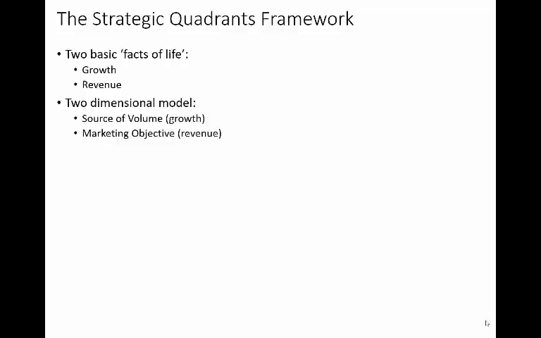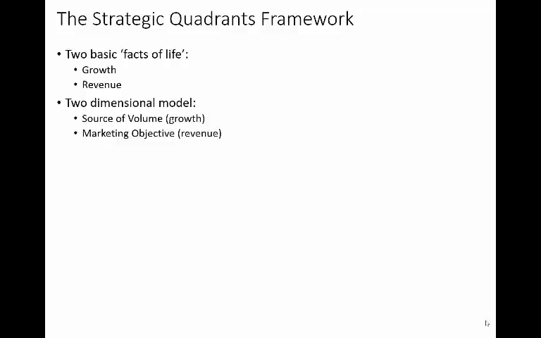I include it here with market opportunities because it very much is still four types of opportunities that you might choose to pursue as you identify a path for marketing strategy. And so I think it extends nicely upon Ansoff's opportunity matrix and helps us figure out things that we might be able to do in order to grow and earn additional revenue.